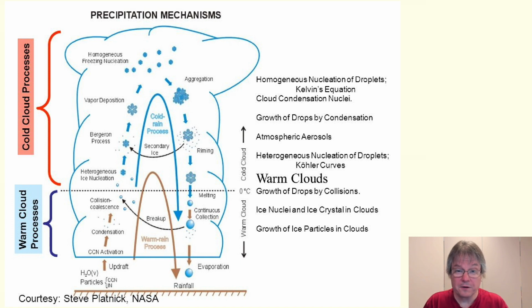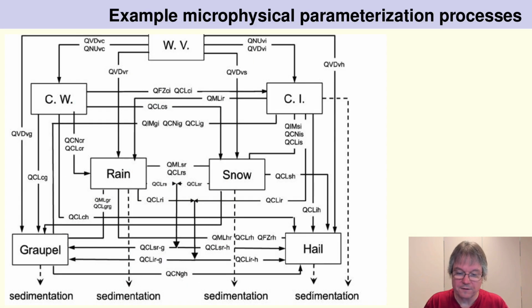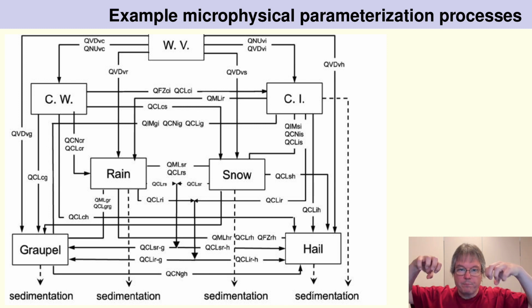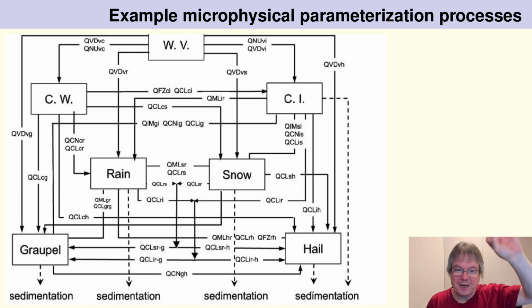And how does it look in a computer model? Well, it looks like this. A bunch of spaghetti and meatballs, I guess. So all I want you to take away from this diagram is the schematic nature of it. You have water vapor, cloud water, cloud ice, rain, snow, graupel, and hail. And you notice it's all basically buckets and arrows, buckets with drains in them, and then spigots to fill the bucket.